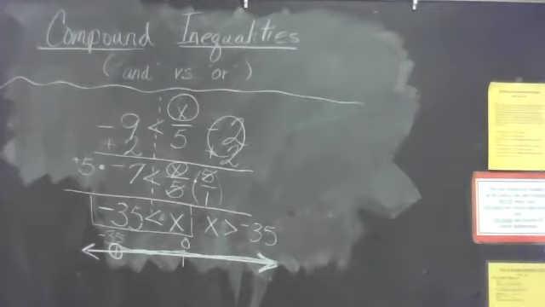Okay, Sherry? Yes, ma'am. Any more? I can do one more from yesterday, and then we're going to start compound inequalities. Do you have it somewhere? Yes, it's on the second page, and it's number 5.